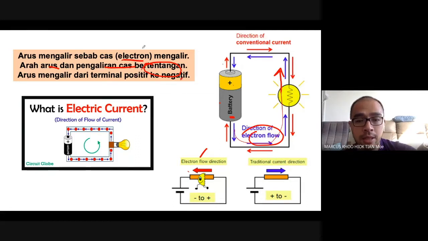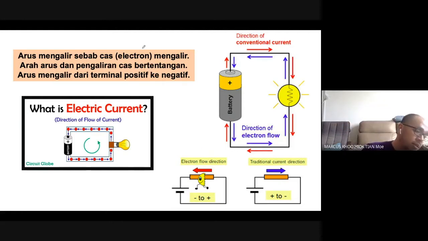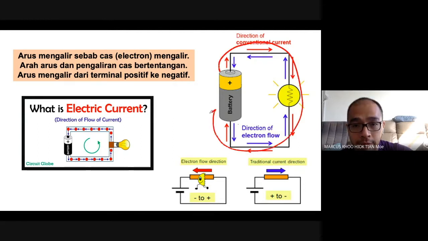Actually I would like you to copy this down. There is not really that much space there, but I need you to write this, or at least draw this out, just to remind us that current flow is always opposite to the electron flow. Electrons will always flow from negative to positive, but the current will flow from positive to negative.